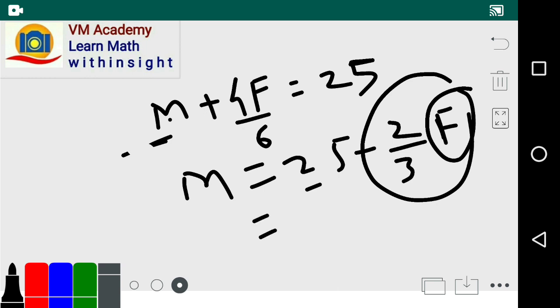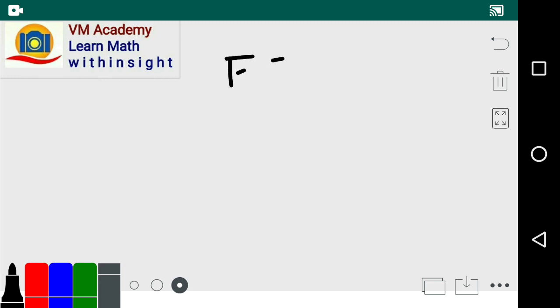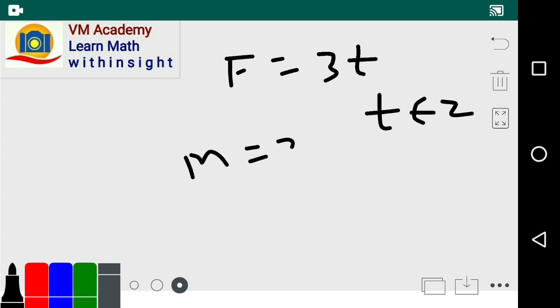So let us consider f as 3t, then this becomes 25 minus 2t. So m becomes 25 minus 2t. So f equals 3t and m equals 25 minus 2t. Here t is an integer, friends, and m equals 25 minus 2t.